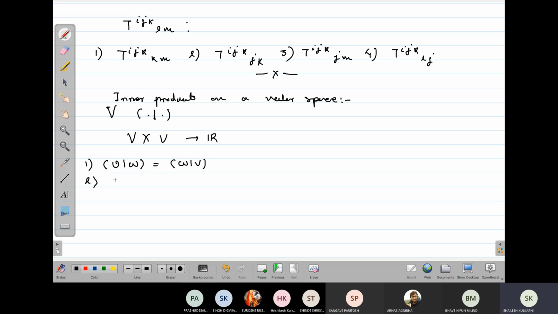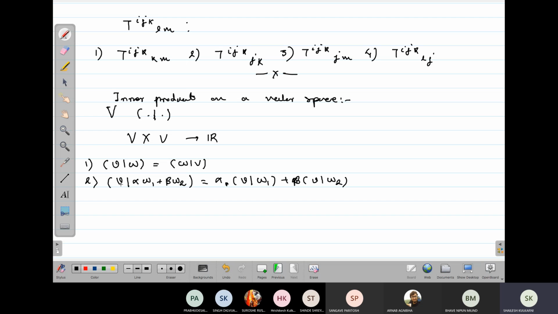Second, this map is linear, that means V inner product with alpha W1 plus beta W2 is equal to alpha V inner product with W1 plus beta V inner product with W2.